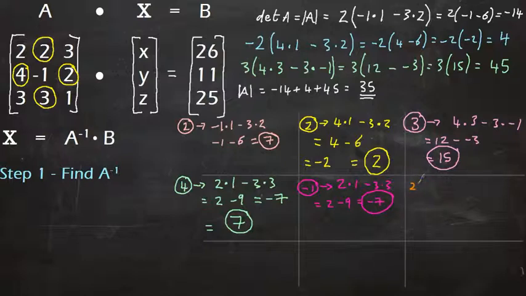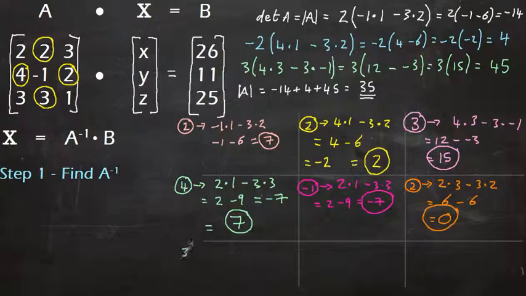Second row, third column, the element with the value of 2 is going to give us 2 times 3 take away 3 times 2, which is equal to 6 take away 6, which is equal to 0. And you don't need to change the sign of 0 because it's just 0 anyway. We would have had to though if it wasn't 0.